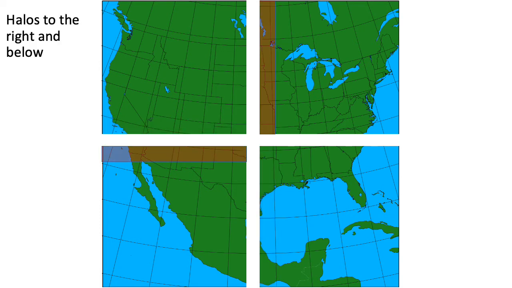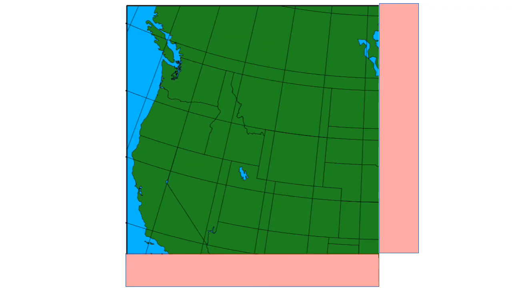And the upper left patch has halos to the right and below. If we look at this upper left-hand patch, here are the halos attached to it, and this is information that's simply from the neighboring grid cells.